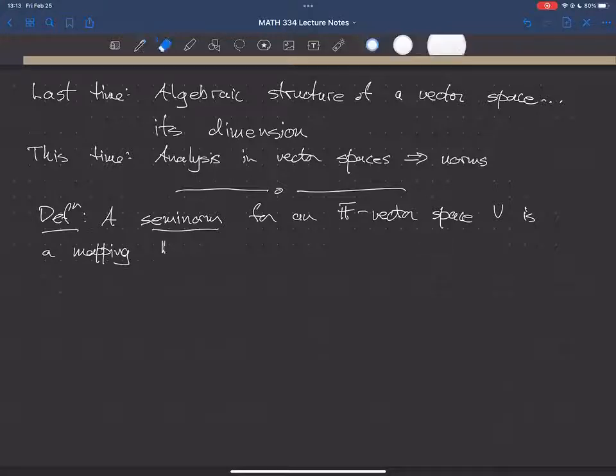And the mapping takes a vector v and maps it to the norm of v, which I'm going to write with double bars like that. And this is going to be a real number. And it has to, of course, satisfy some properties.